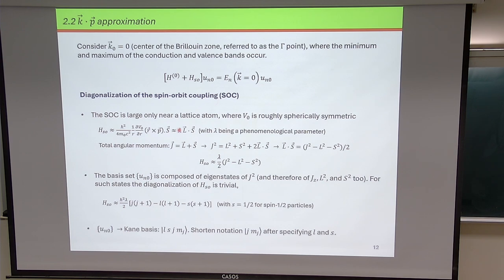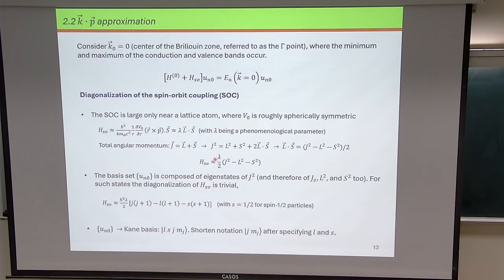Now I can use the total angular momentum to rewrite this L dot S. The total angular momentum is the sum of them, and I square them, so I will get this expression here. I can solve for L dot S and rewrite it in terms of the difference of the squares of the different angular momenta.